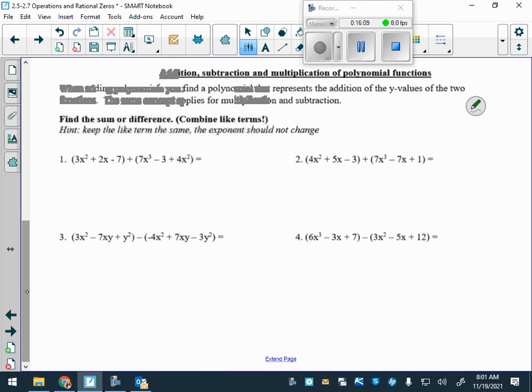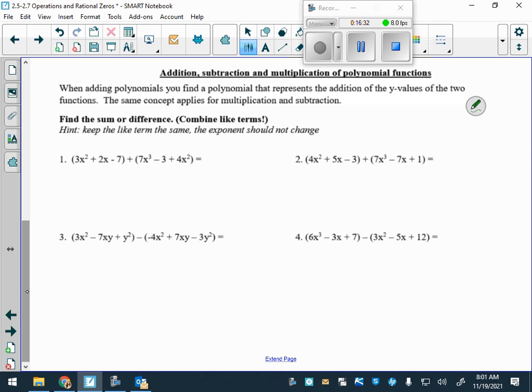Then we get into adding and subtracting, which is just simply combining like terms. You saw this on the last few of Delta Math, okay, where you had to just combine like terms. Just curious to see who was able to do that, okay? So when you're adding, you could just literally drop the parentheses.